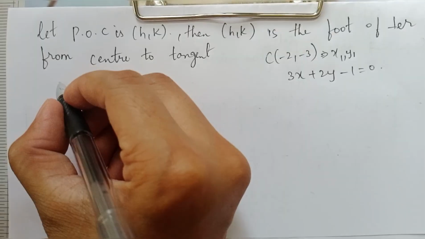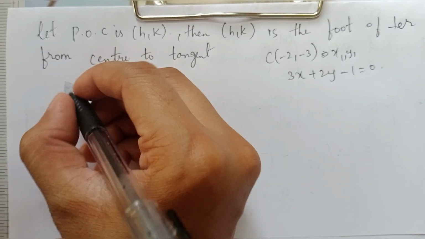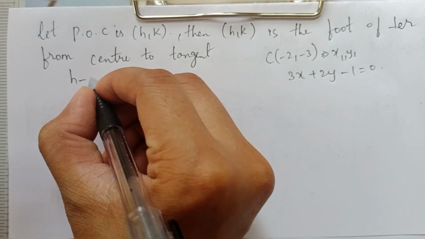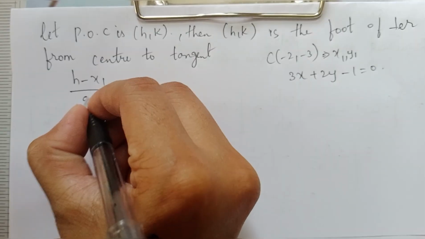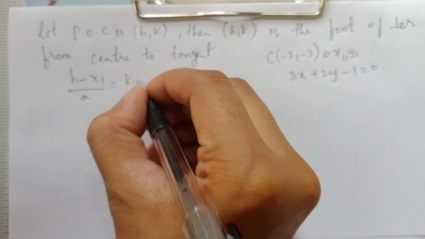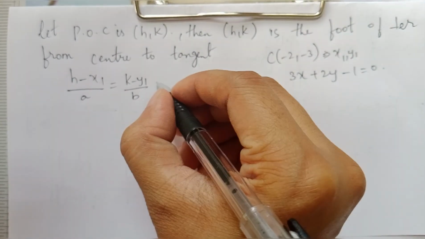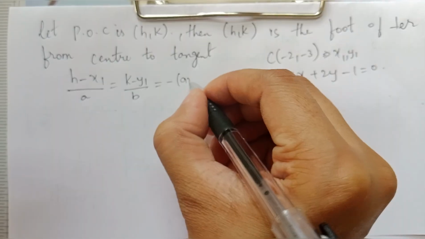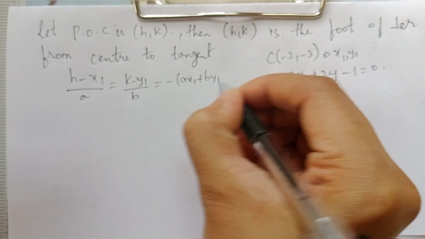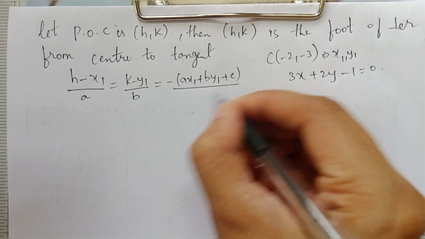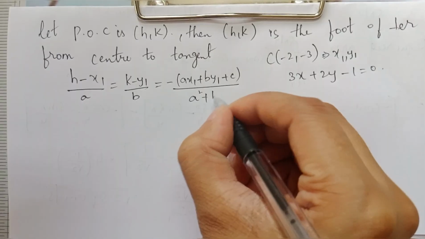So we know the foot of the perpendicular theorem, already studied in the first year, which is h minus x1 by a equals k minus y1 by b equals minus of a x1 plus b y1 plus c by a square plus b square.